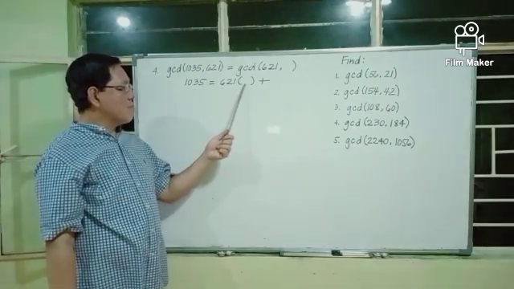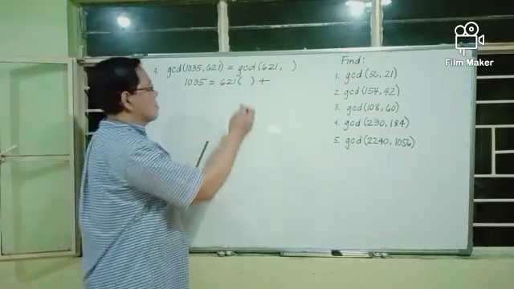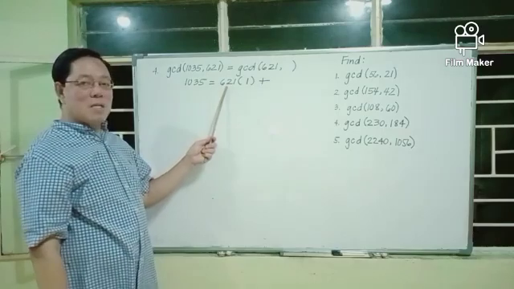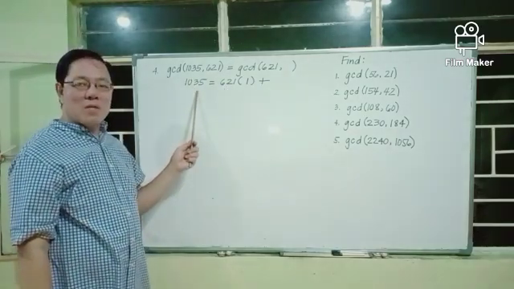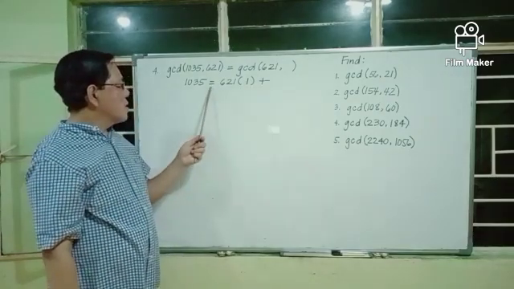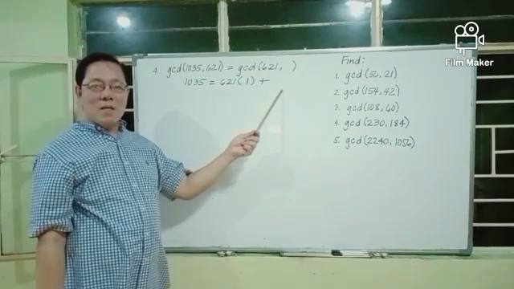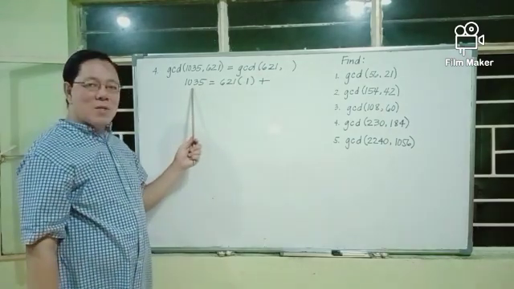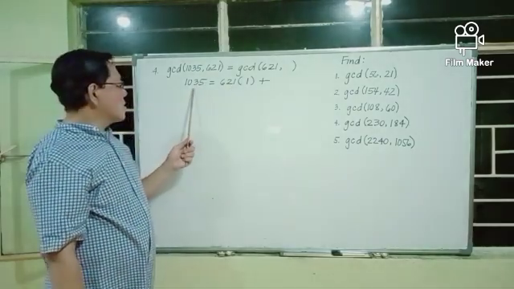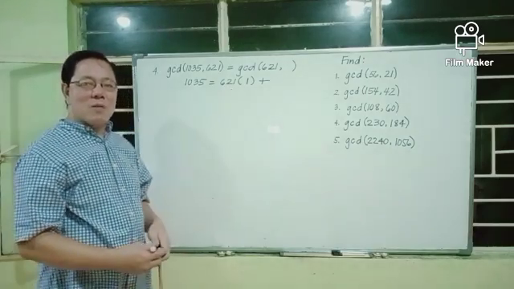Therefore, we take the positive integer here as 1. 1 times 621 is 621, and it's less than 1035. And we must add a constant here to maintain the equality. That constant to be added here is the difference between 1035 and 621 times 1, or 1035 minus 621.